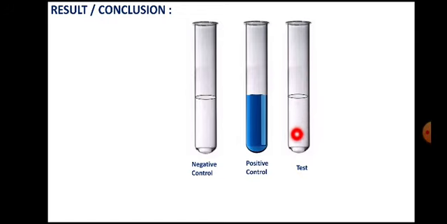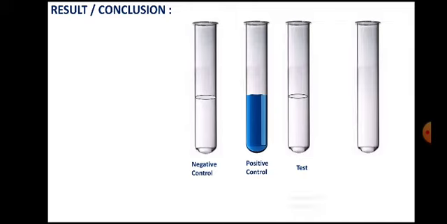So you have to compare the color of this test milk sample with these two. If the color is blue, it indicates that phosphatase enzyme is present. If the color remains unchanged, it indicates that the phosphatase enzyme is absent, and this is related to efficiency of pasteurization. So no change in color indicates phosphatase enzyme is absent.